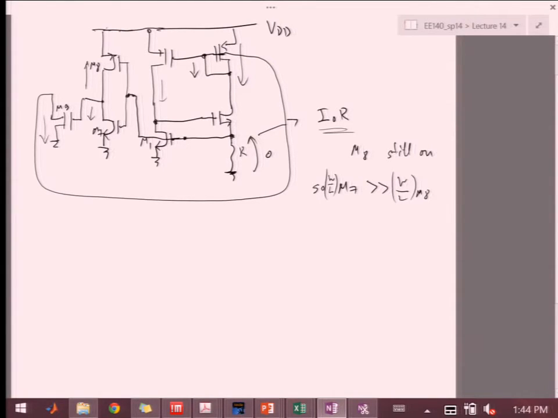So what's happening is that when I achieve some VGS for M7, M7 better be so big that when it gets out of cutoff, it immediately pulls down M8.